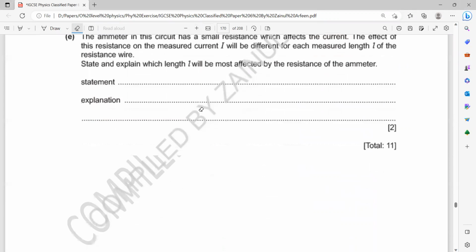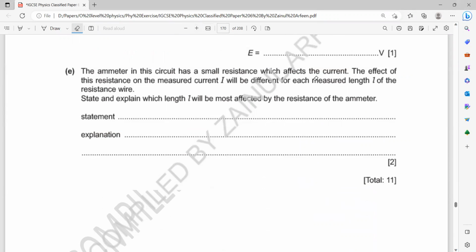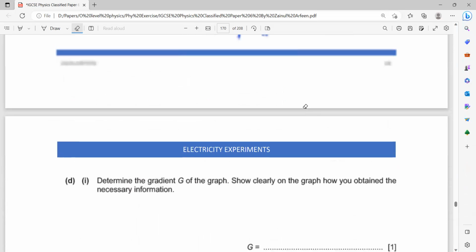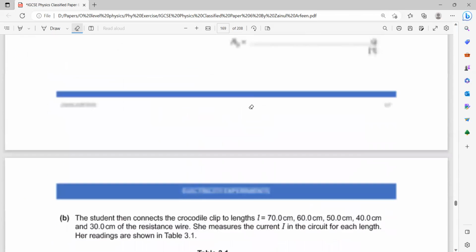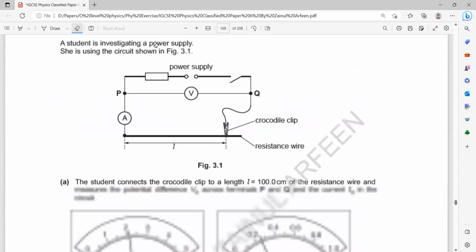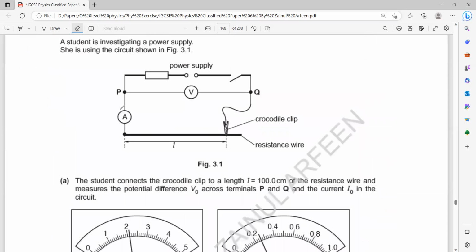Then the ammeter in the circuit has a small resistance which affects the current. The effect of this resistance on measuring a current will be different for each measuring length. State and explain which length will be most affected by the resistance of the ammeter. What they are saying is, when we are measuring a current here, the ammeter also has a considerable resistance.